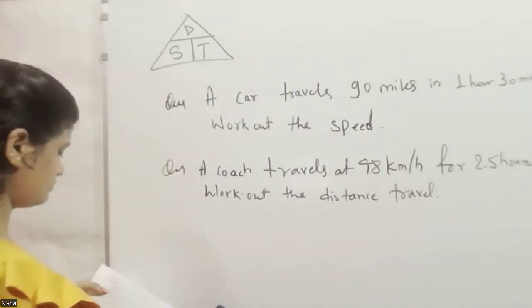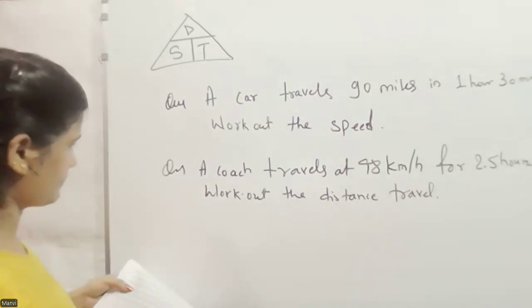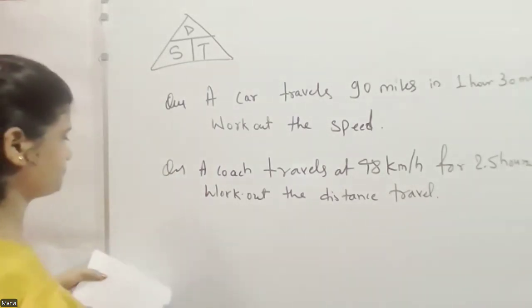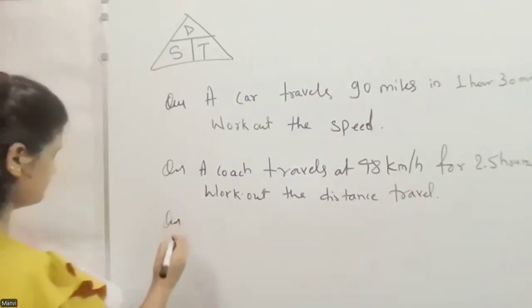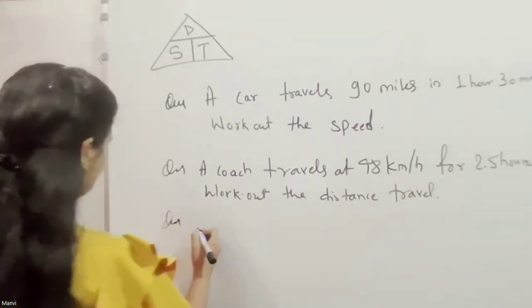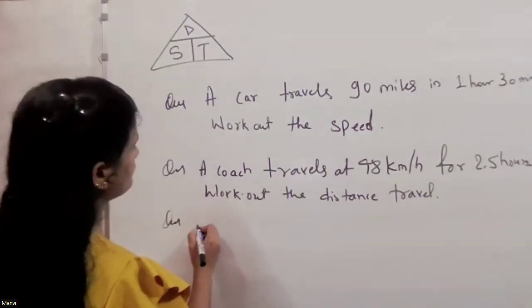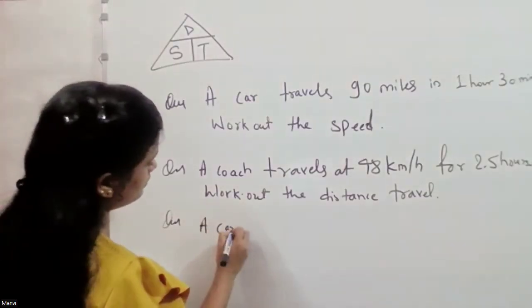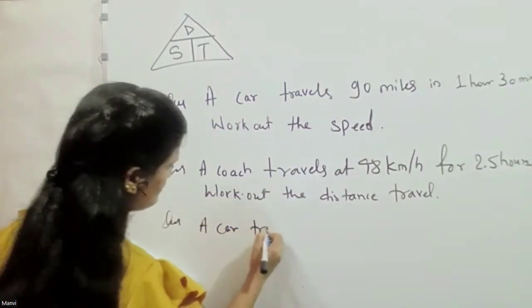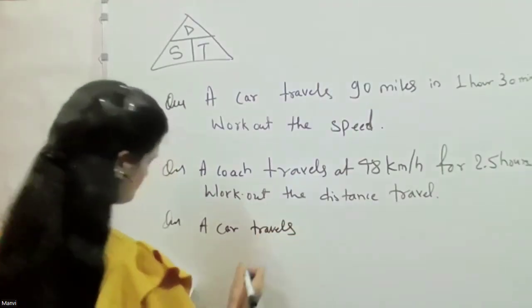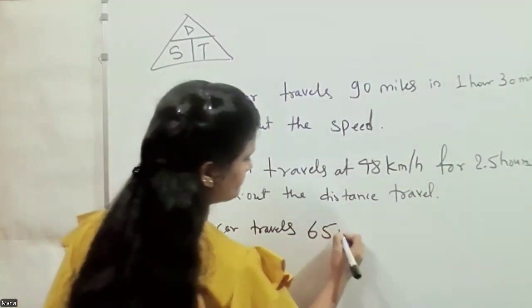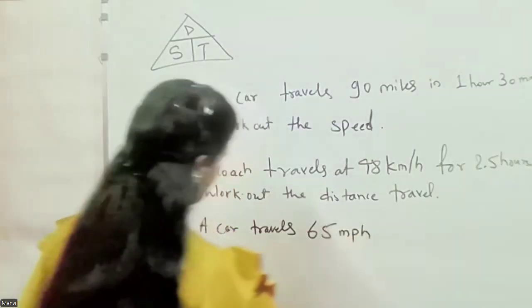Now, next question. Again, we have one car and this travels 65 miles per hour.